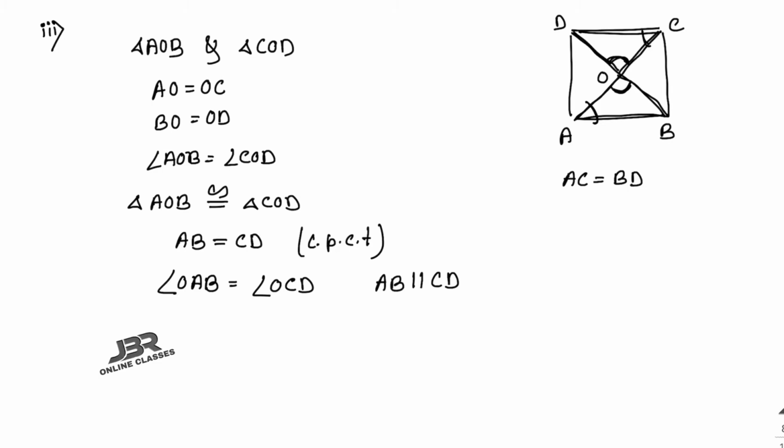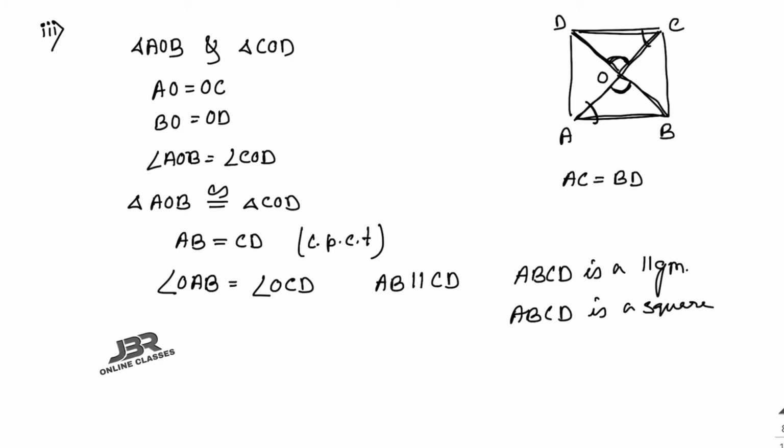So as AB is equal to CD and AB is parallel to CD, definitely ABCD is a parallelogram. Clear? Now in the parallelogram, the diagonals bisect each other and are also equal. That means ABCD is a square.